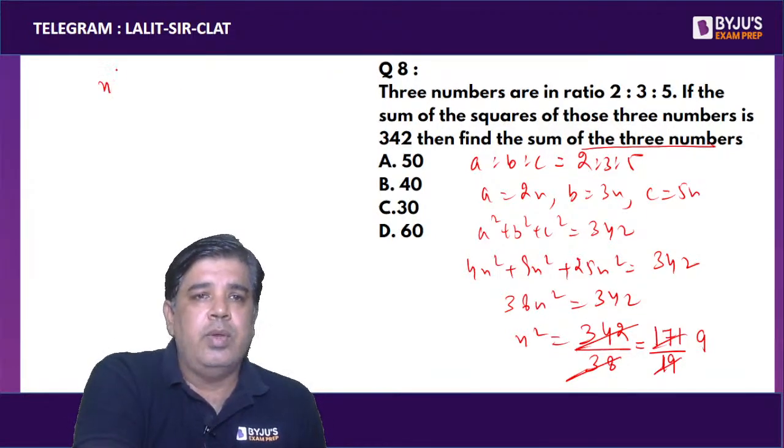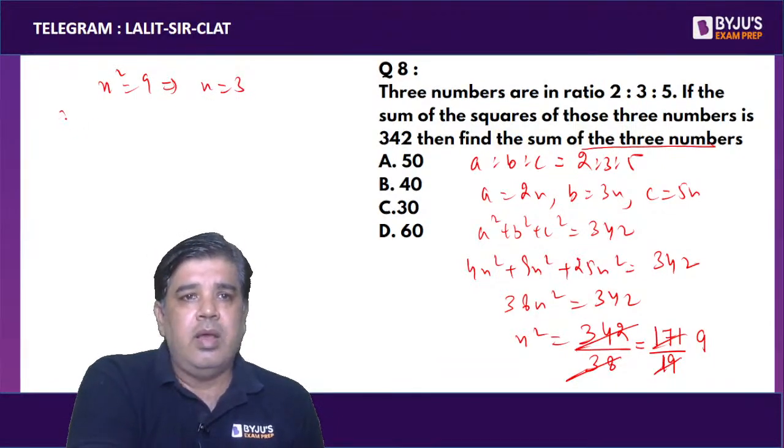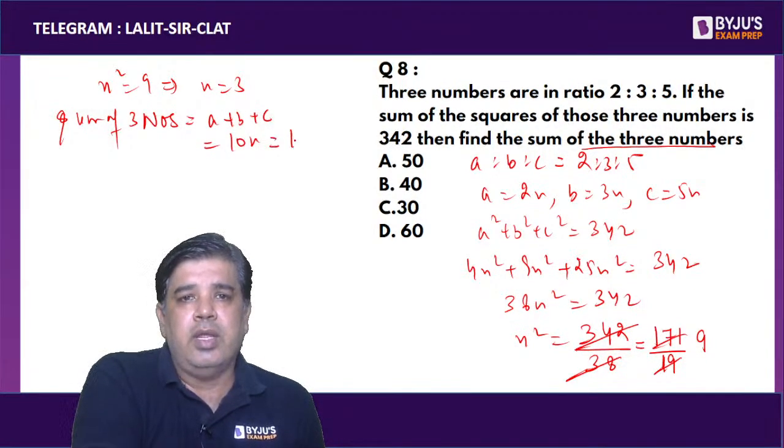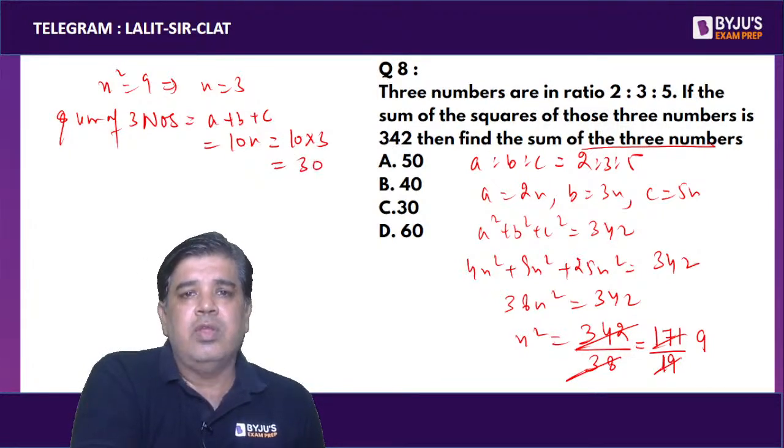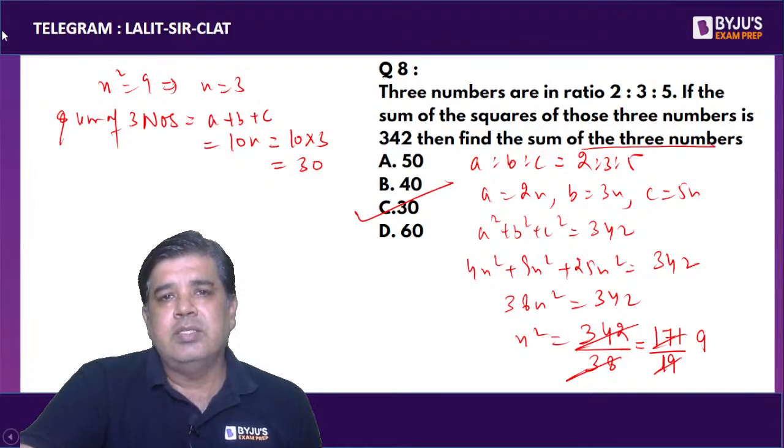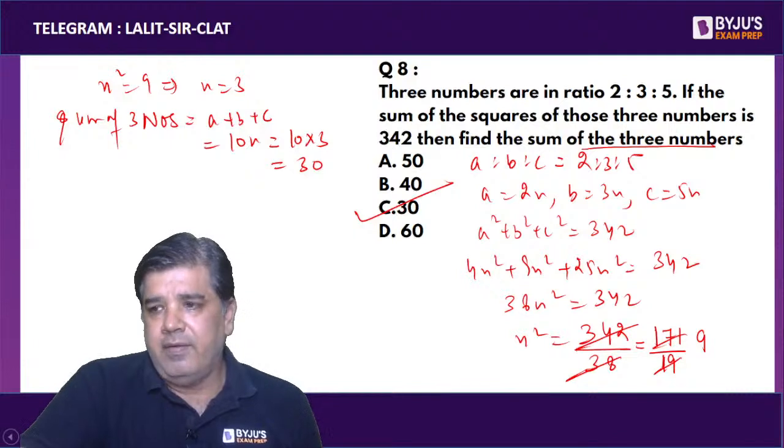So x square is 9, so x is 3. Sum of three numbers is A plus B plus C, that is 10x, where x is 3, gives the sum 30. So answer is, students, C part.